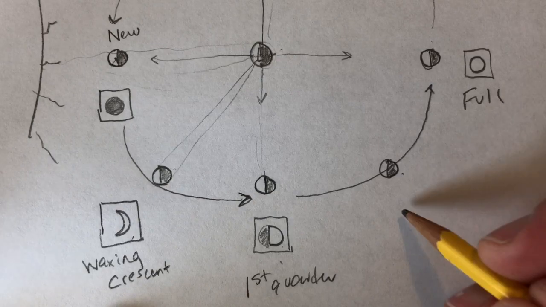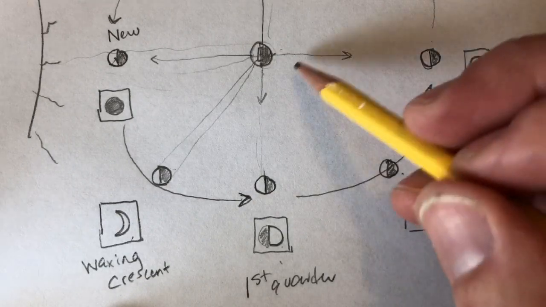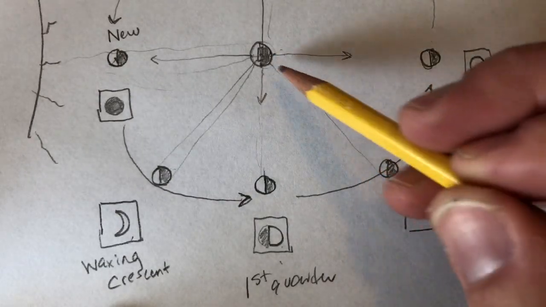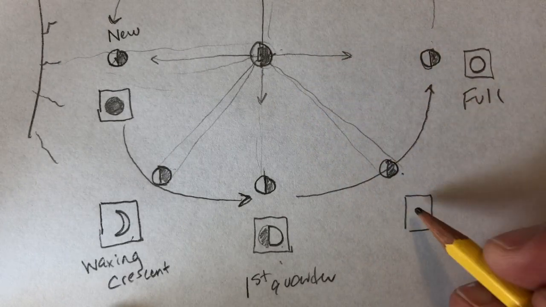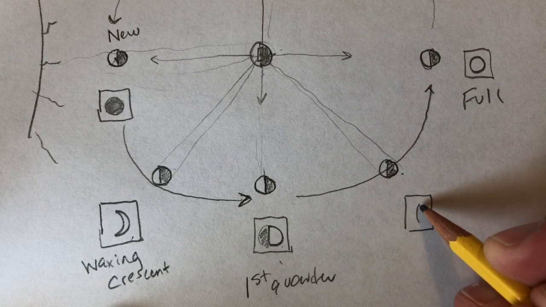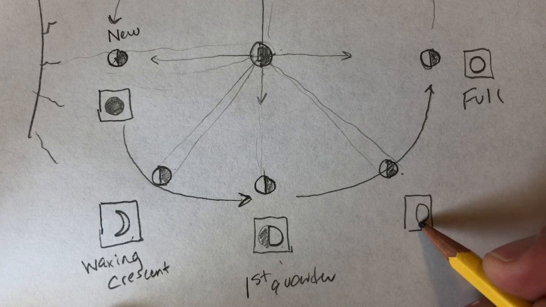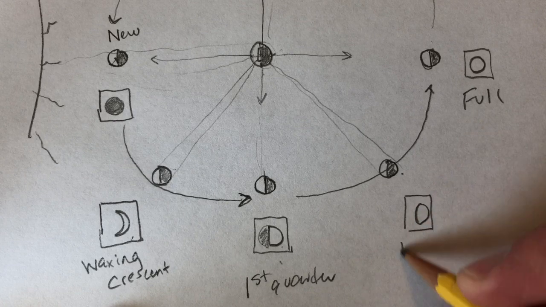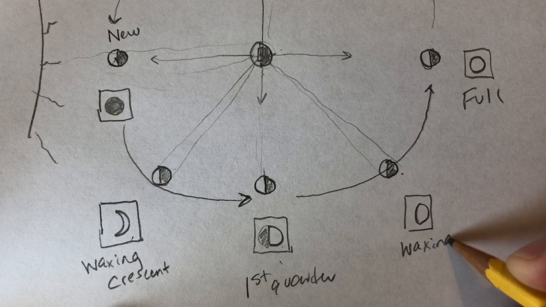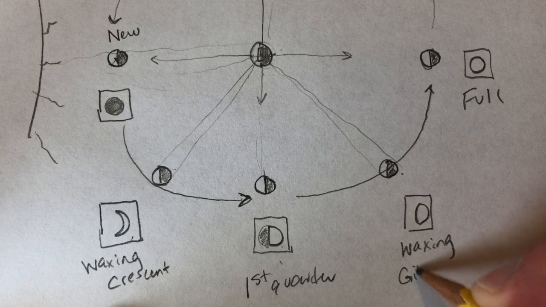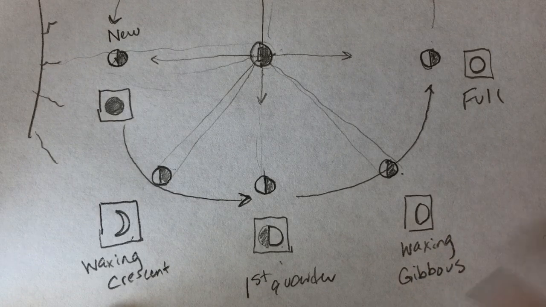Over here, we'll see this mostly at night. We're going to see more of that right side, and it's not quite full, it's more than half, less than full. We call this a waxing, it's one of those goofy words, gibbous moon.